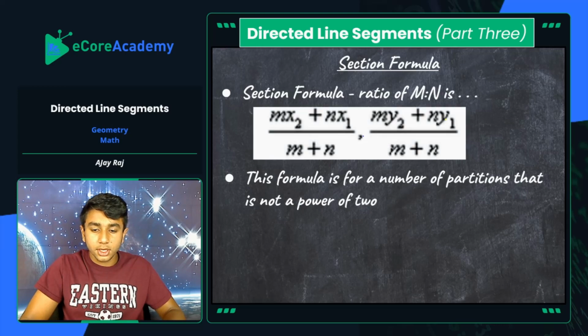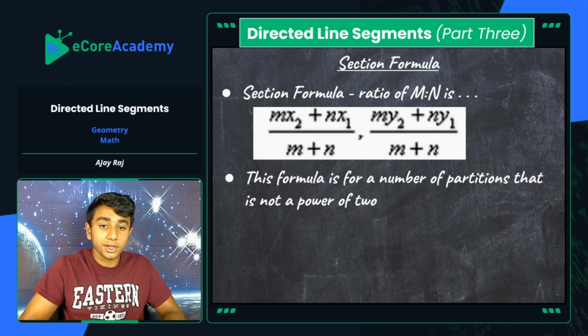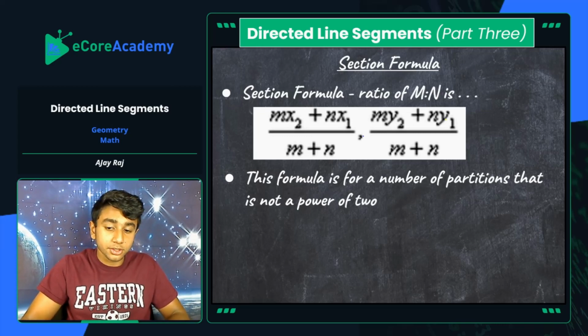So it's mx2 plus nx1 over m plus n, comma, my2 plus ny1 over m plus n. So this formula is for a number of partitions that is not a power of 2. Like I said before, it's not as smooth, but it is very efficient with this equation, much more difficult if you didn't have the equation, nearly impossible actually.